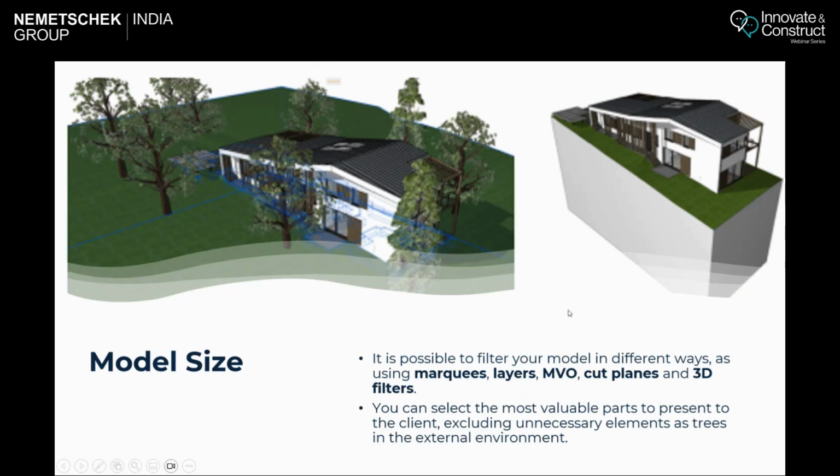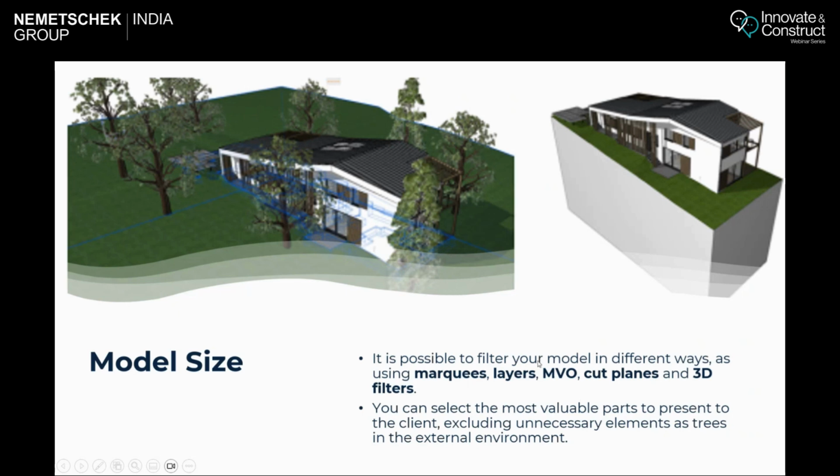Model size is nothing but when we create a 3D model, we can filter out different 3D elements like a site or any element that we have made for a render. These are elements that are unnecessary for a BIMx hypermodel, so we'll be taking all of these out.